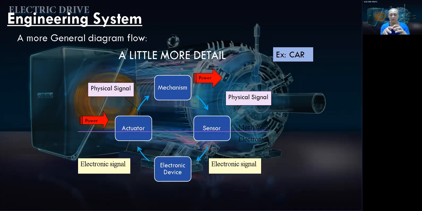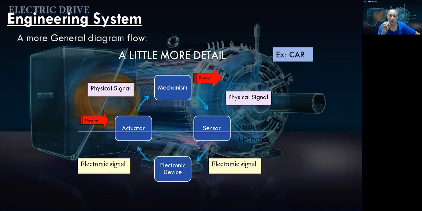So this is basically the general diagram of an engineering system. Now, the actuators I mentioned just now can comprise electric drive, hydraulic drive, pneumatic drive, or other mechanisms that possibly exist.